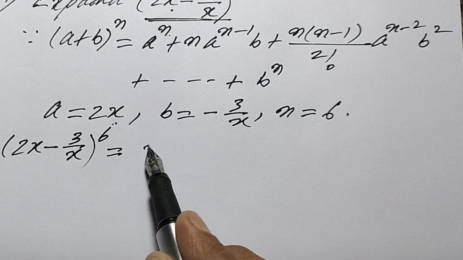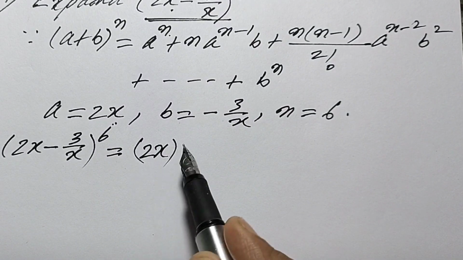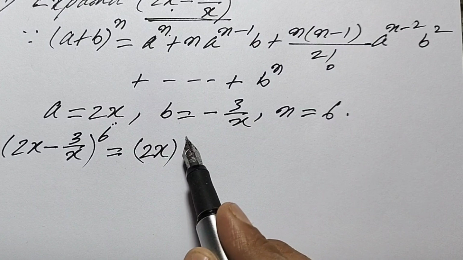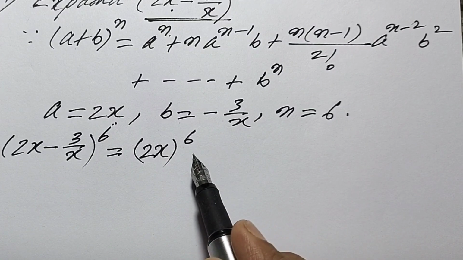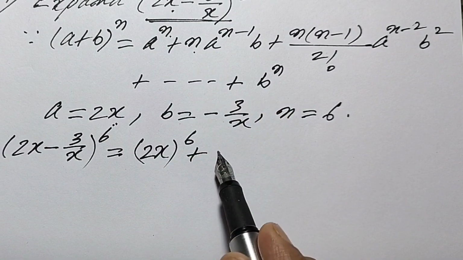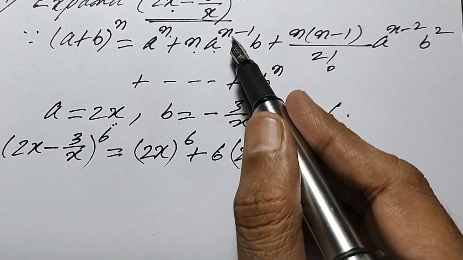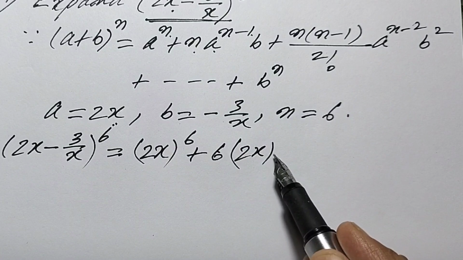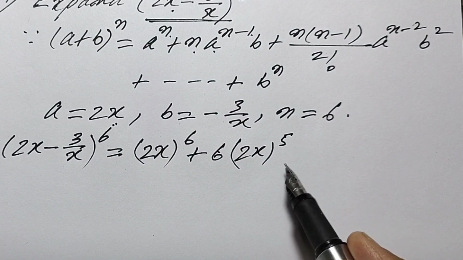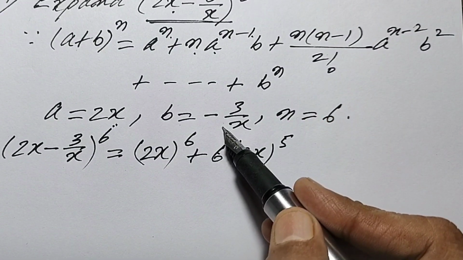Our a is 2x, so 2x raised to the power 6, plus n, that is 6, a, that is 2x raised to the power n minus 1, that is 6 minus 1, so 5, and b is minus 3 upon x.